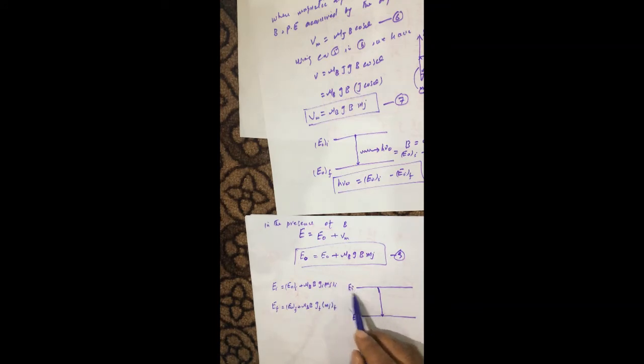Similarly, Mj has a different value for these energy states. That's why you put initial and final here.